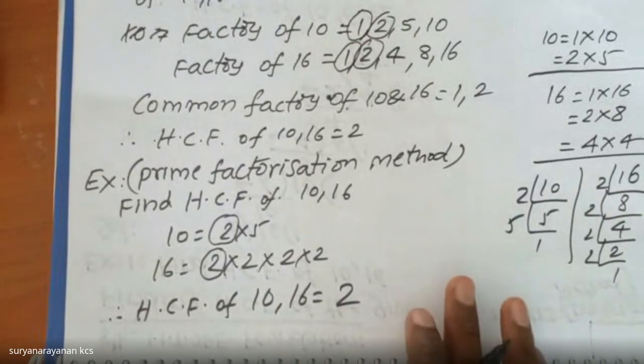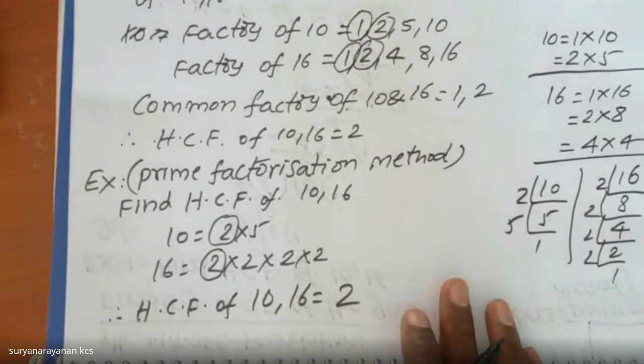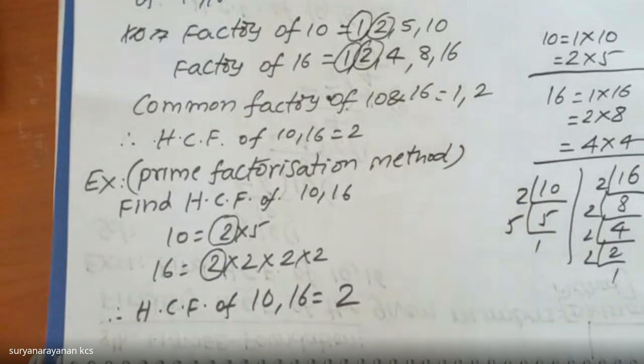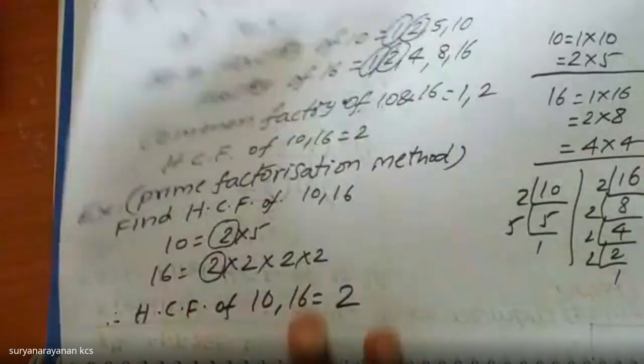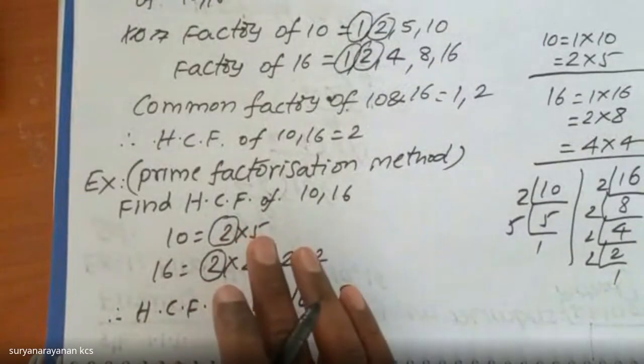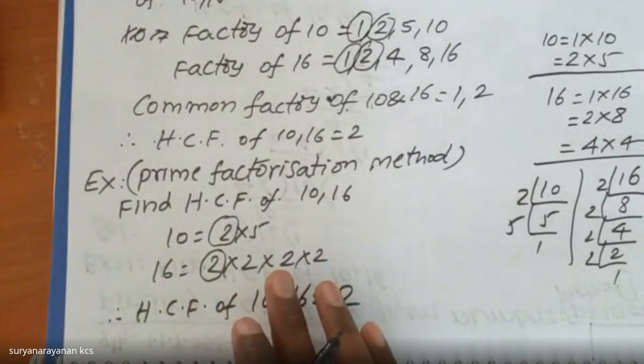I have taken this topic because when you are given a fraction, to write a fraction in its simplest form, in its lowest terms, this concept is very useful. HCF.